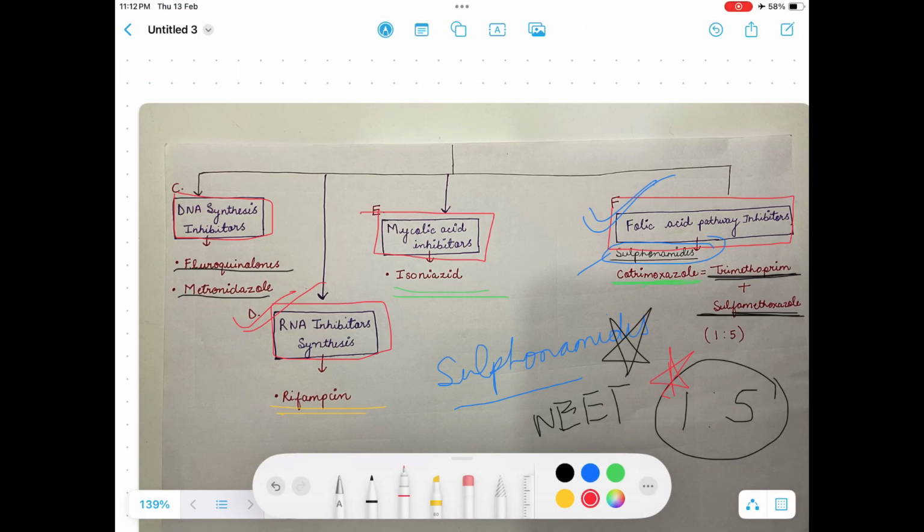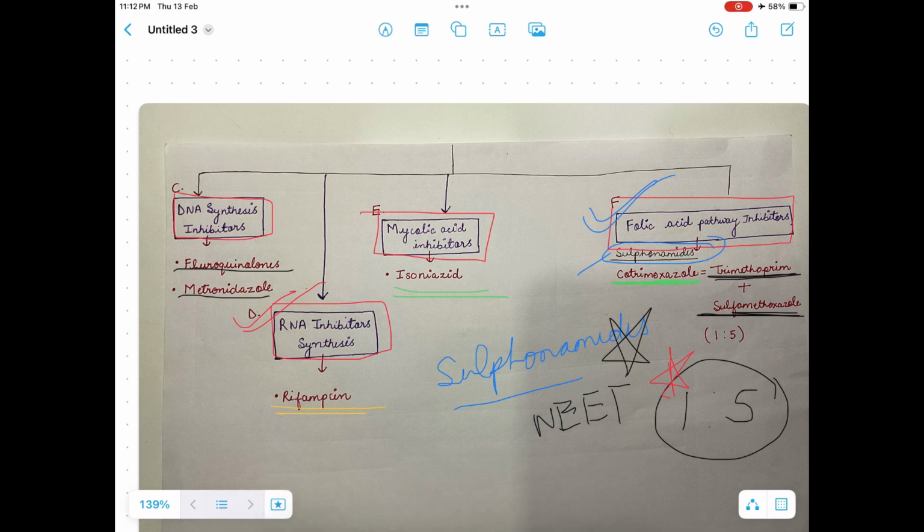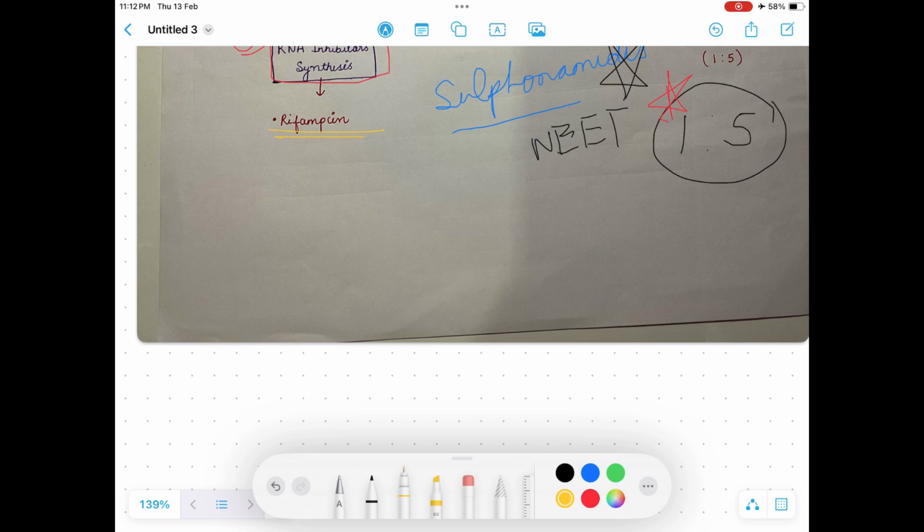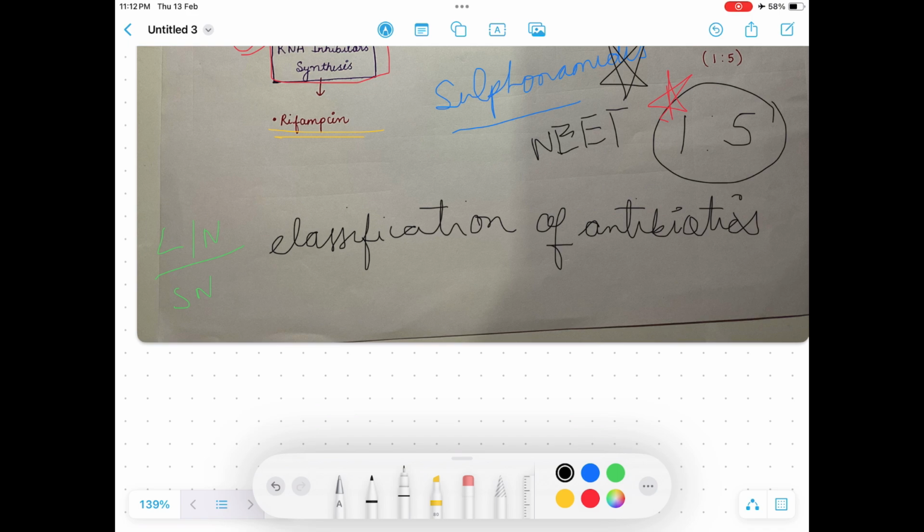And now I'll be telling you which kind of questions they may ask from antibiotics. They can ask a long note as well as a short note about the classification of antibiotics. They can ask you individually about any antibiotic. Suppose they can ask you about cephalosporins.